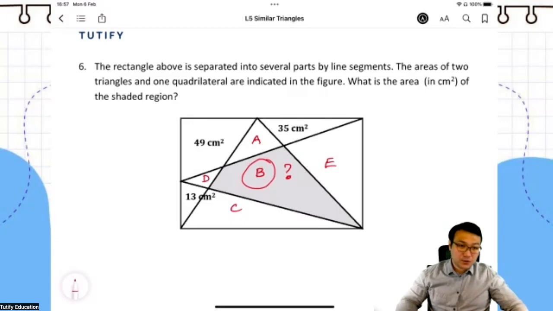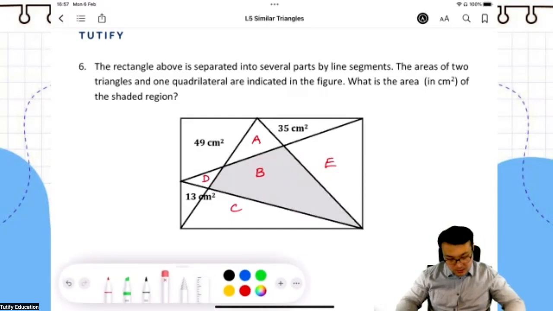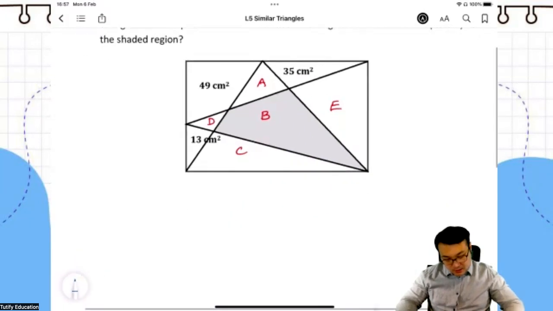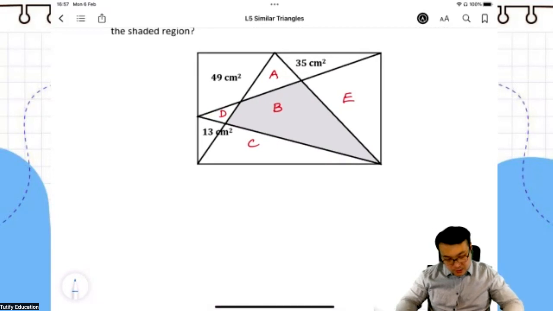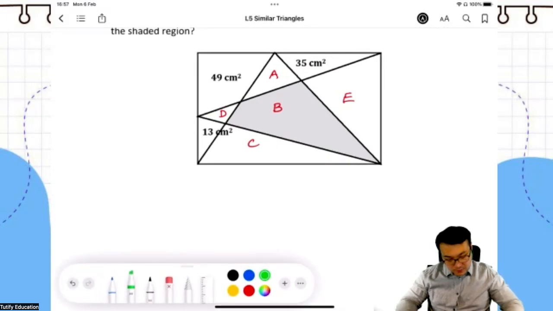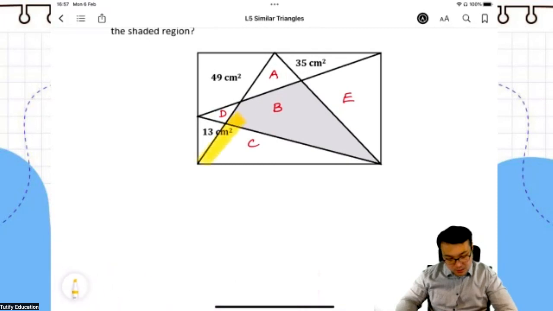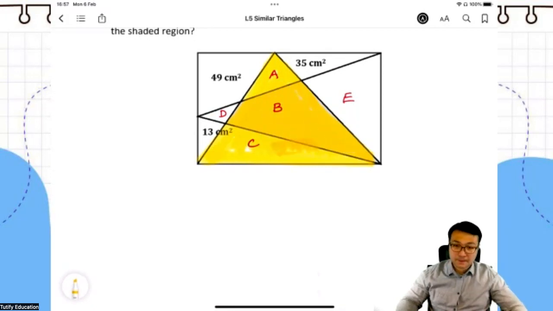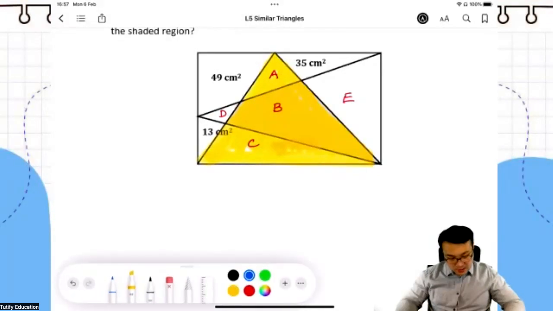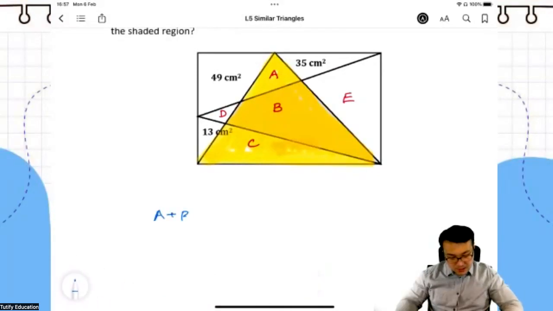Okay, so why not I ask Vishwam? Vishwam, help me out here. If I were to ask you what fraction of the entire rectangle is the yellow part? Half. So I can safely say that A plus B plus C equal to half of the rectangle.